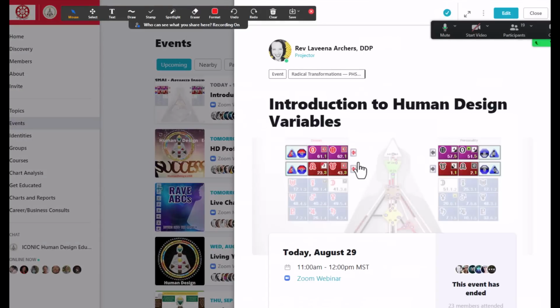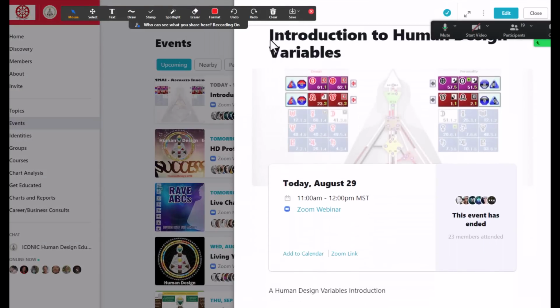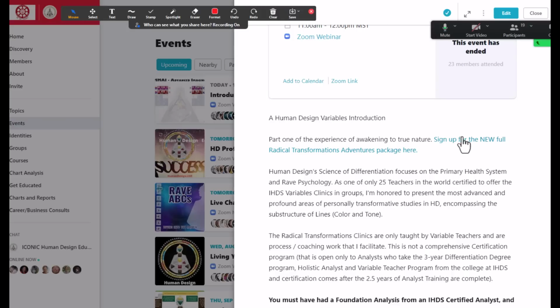So all you have to do is click onto the events, and then signing up for the new Radical Transformation Adventures package is here. So the package includes not only this group, but also monthly space to come and ask questions with other groups that have gone through as well, if there's anything that you want to share or ask relative to the advanced work.